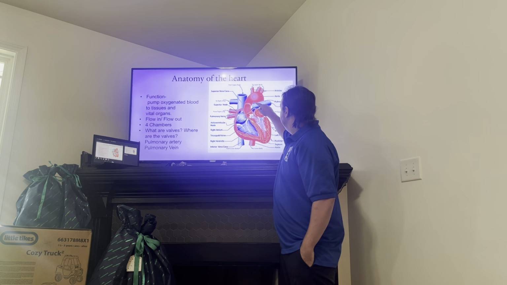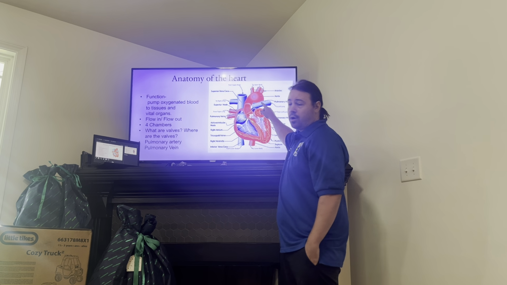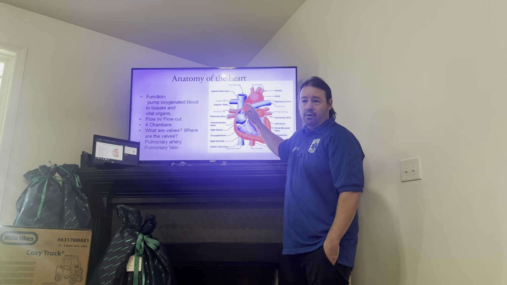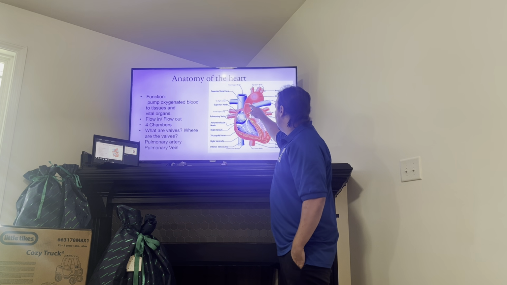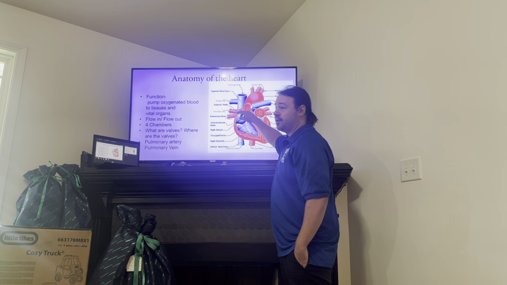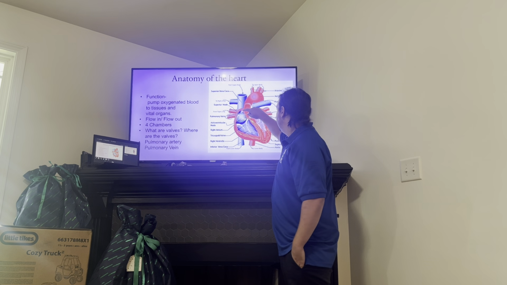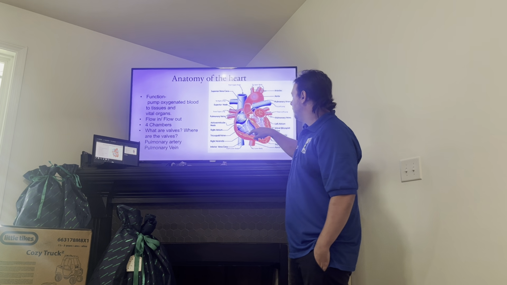Now, you can see over here, we have this red arc. This is an artery called your aorta, and it comes off of your left ventricle, and it pumps oxygenated blood throughout the body, okay?